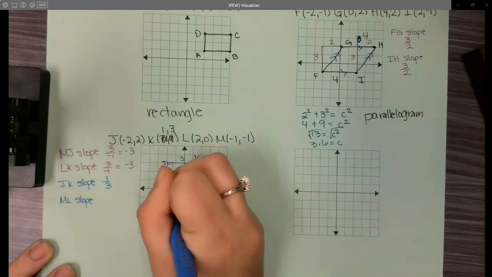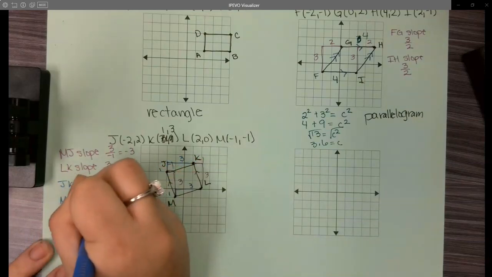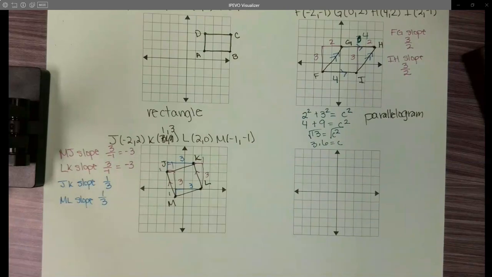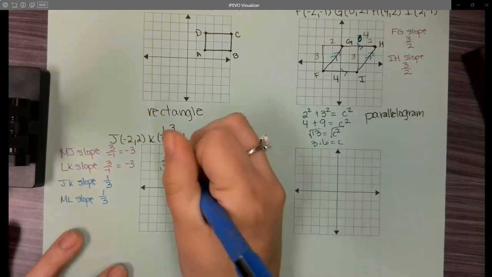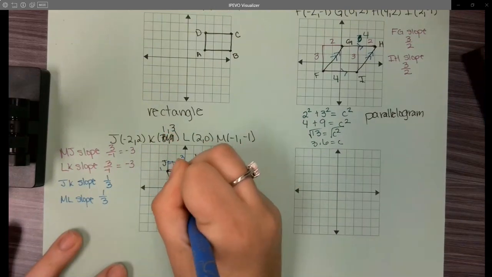So I go up 1, and this one is over 3. Okay, so these two are parallel. So that makes this a parallelogram.